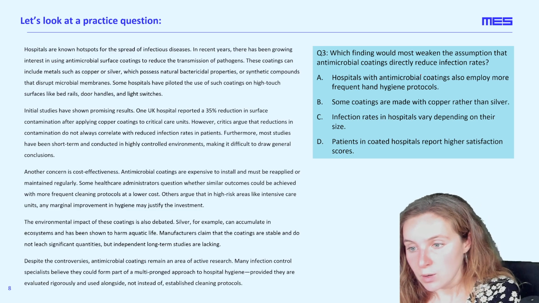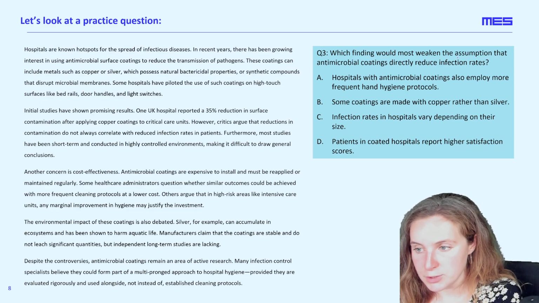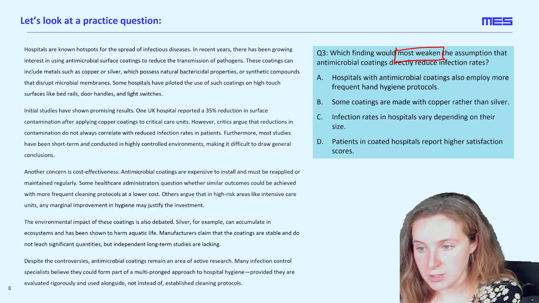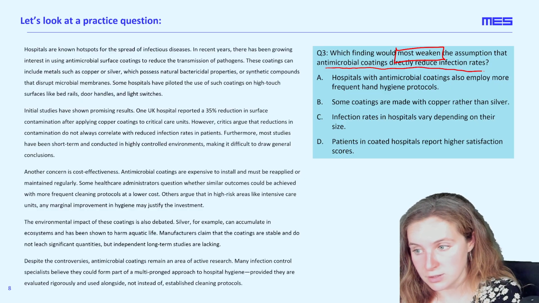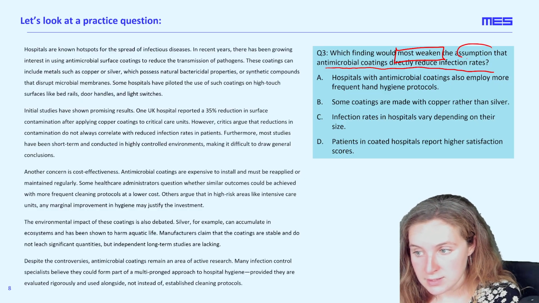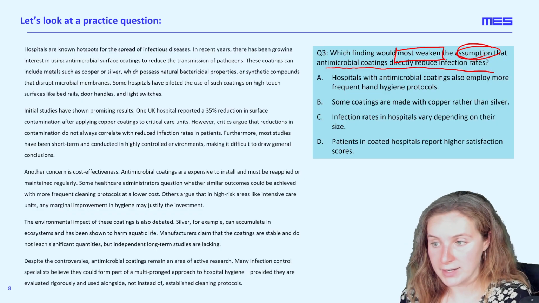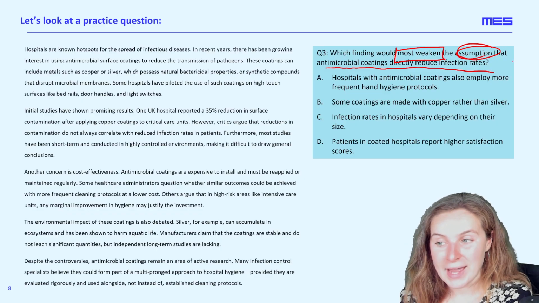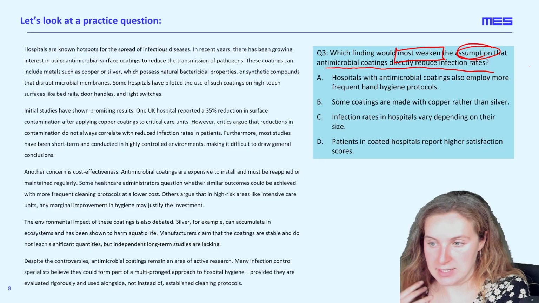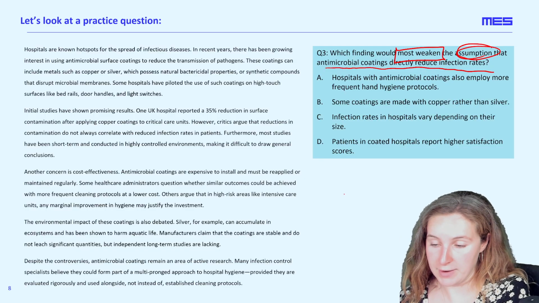Question 3. Which finding would most weaken the assumption? Okay, so already most weaken the assumption that antimicrobial coatings directly reduce infection rates. Now we know that this is an assumption, so we can't say for sure that it's true, but based on the information in the passage, what can we say that would weaken the idea that they reduce infection rates?